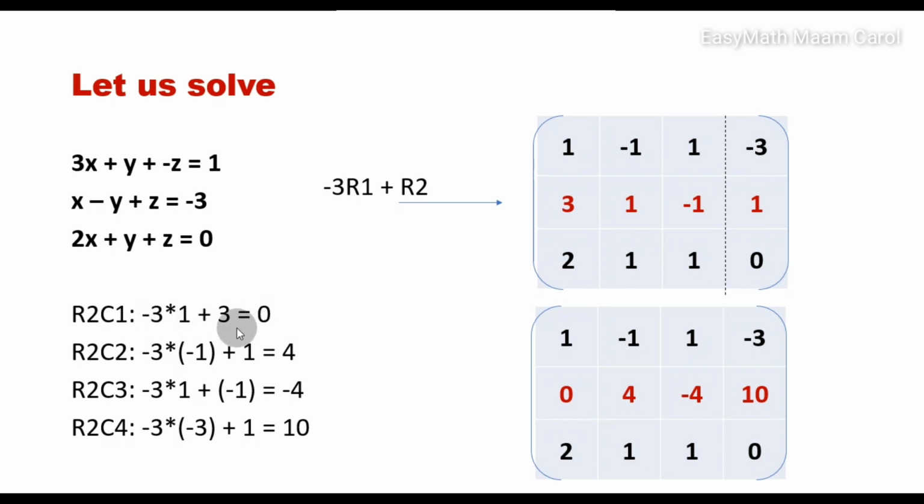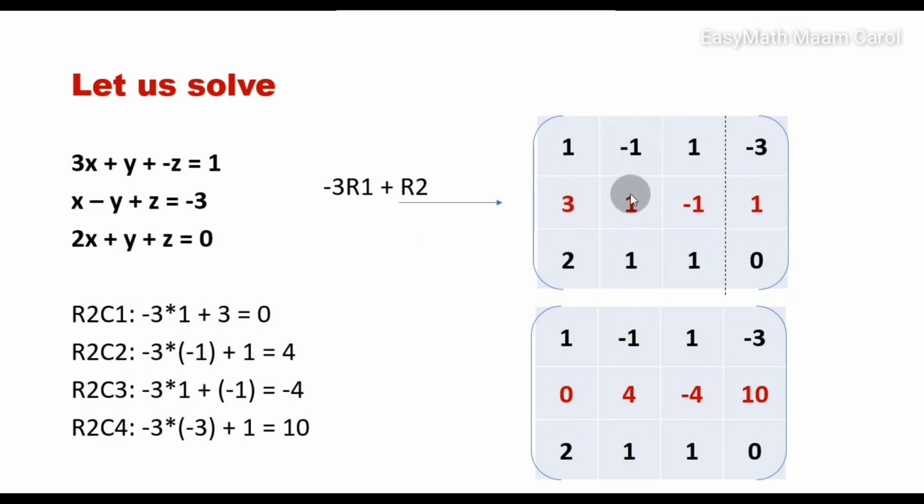Ito yung pinaka-computation, guys. Nilagay ko na dito. Inisa-isa ko na siya, sinubstitute ko na siya, at ito yung mga lumabas na sagot. So, negative 3 times 1, saan yun? Ito yun, negative 3 times 1 is negative 3 plus 3 is equal to 0. Okay, ayan yun.